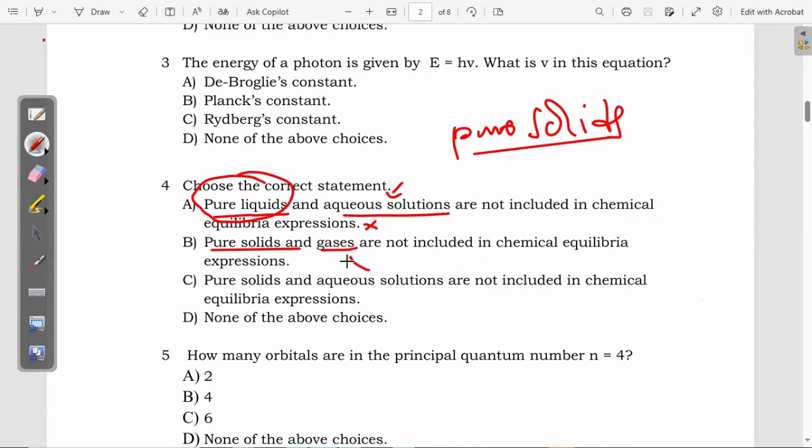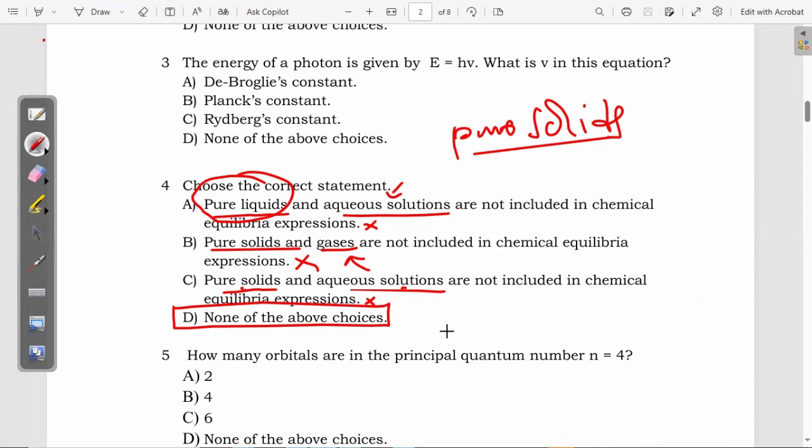This is also false because gases are included in the chemical equilibrium expressions. C says pure solids and aqueous solutions are not included. The aqueous are included, but the pure solids are not, so this one is false too. So we choose option D, which is none of the above.